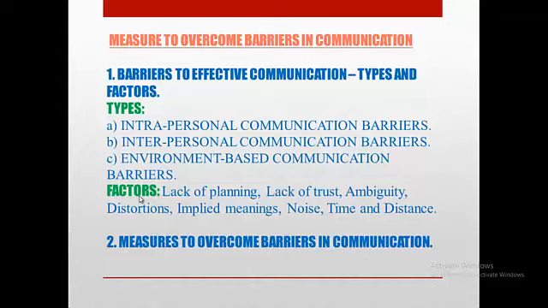Next one is implied meanings. Messages may not always convey a meaning in a straightforward manner if the socio-economic and cultural background of the sender and the receiver are not similar. Then it is possible that the latter does not uncover the implied meaning. Next one is noise.